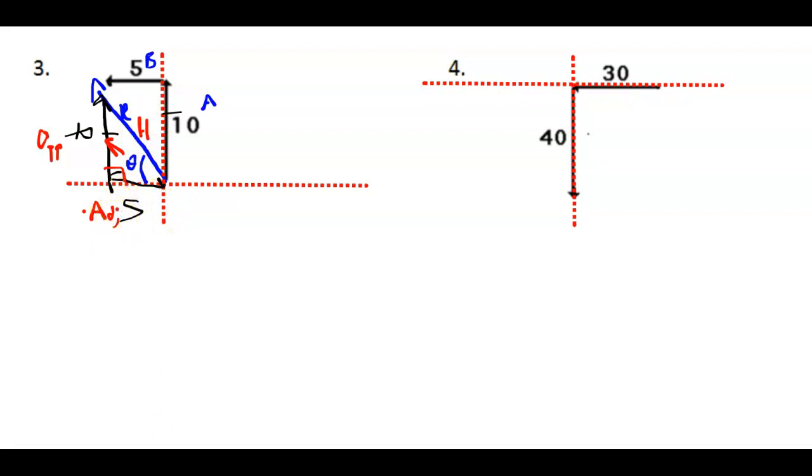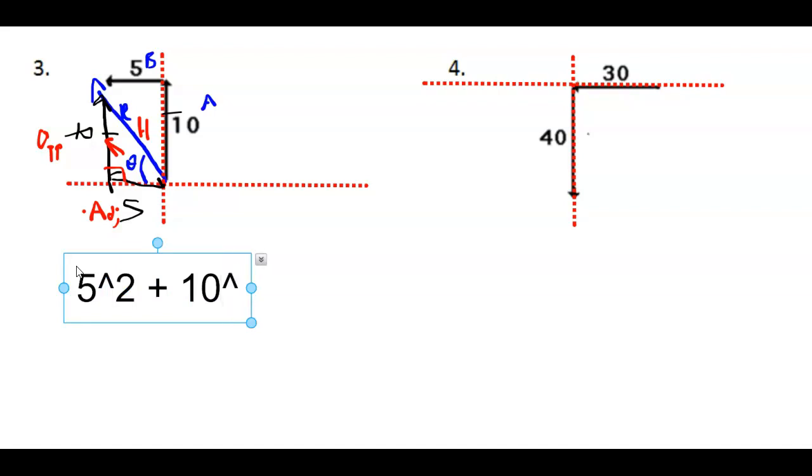All right. So again, the math isn't so bad once you get that set up. We're going to solve for r, which is the length of that vector addition or vector sum. So it's going to be a squared plus b squared equals c squared. So it would be 5 squared plus 10 squared equals, I'm going to use r because that's the letter we use for the resultant vector, squared.